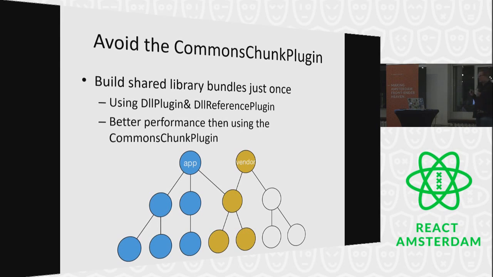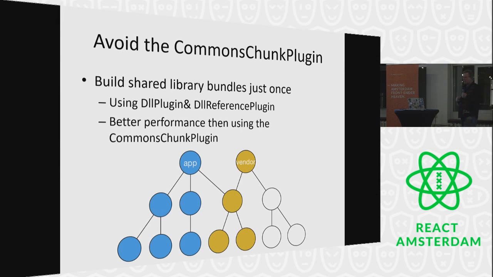But the problem with the Common Chunks plugin is that common code, like your React, Lodash, and all of that stuff, which is completely static, is evaluated every time, which, because it's completely static, is a waste. Like once in a while you'll upgrade React, but restarting your Webpack is not an issue then.